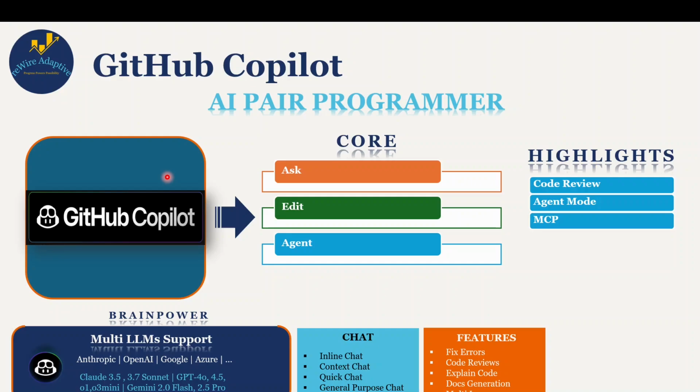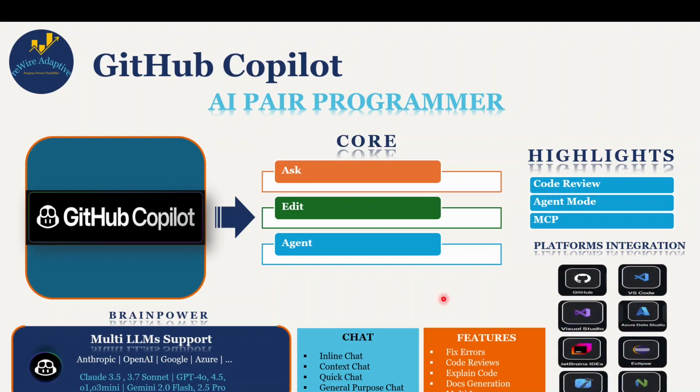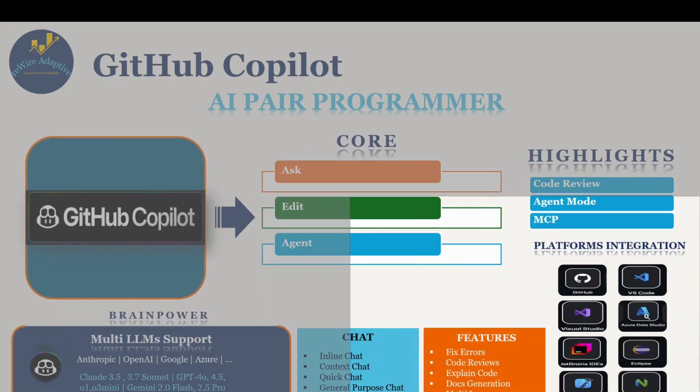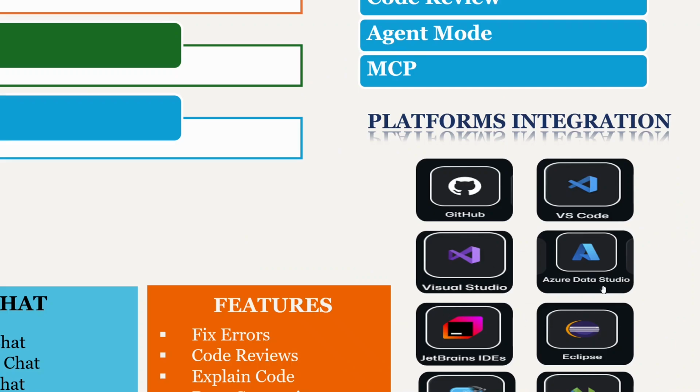Okay, and other than that, what are the integrations it supports? These are the prominent vendors. We have GitHub and Visual Studio Code and Visual Studio IDE from Microsoft, and Azure Data Studio, and then JetBrains IDEs.